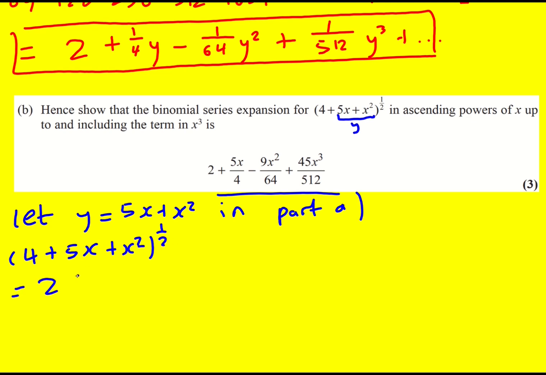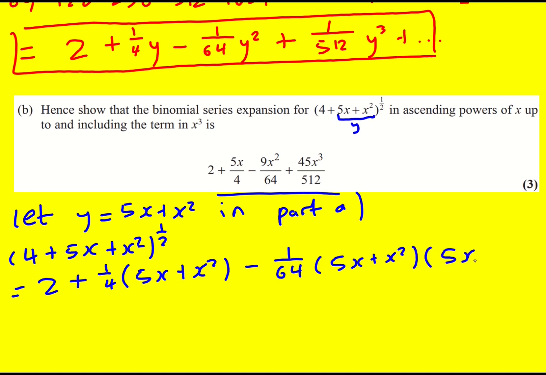So this is going to equal 2 plus a quarter times 5x plus x squared. Okay, then I'm squaring this. I'm going to write it as a double bracket.